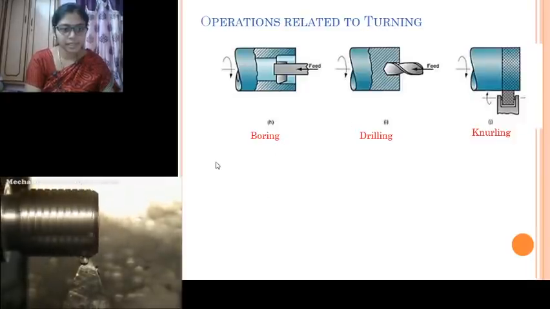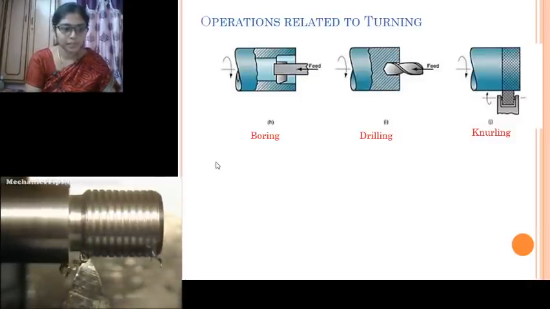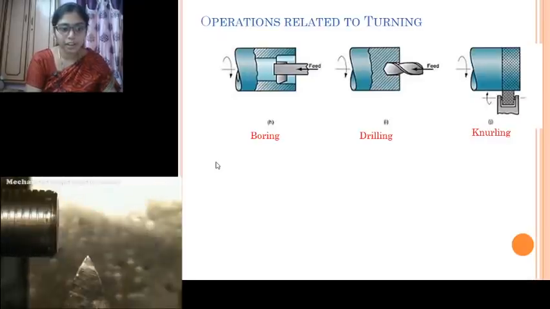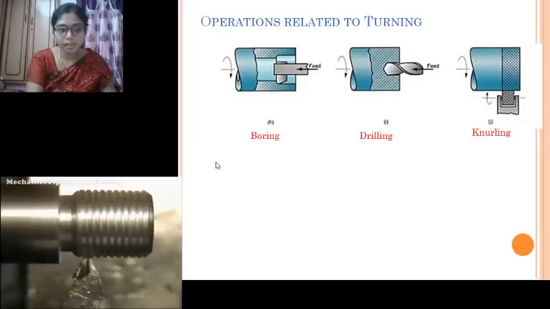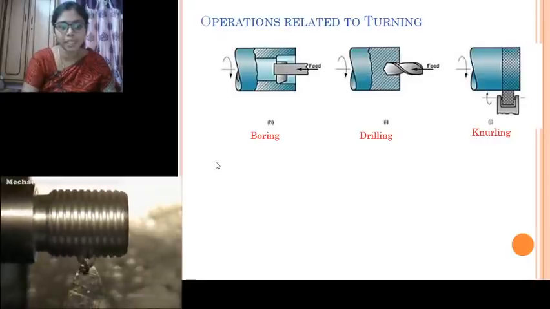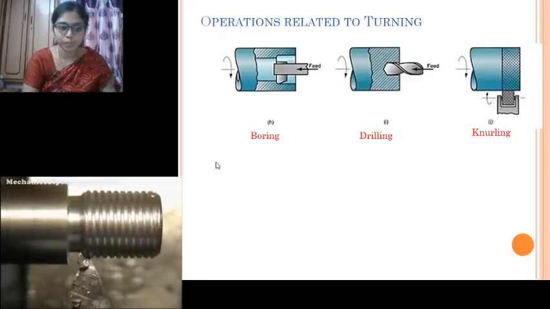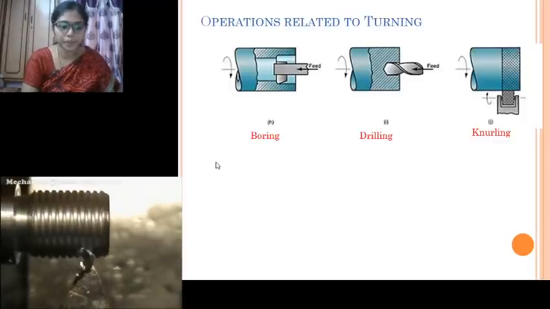So the external threads can be obtained by using this operation. Now here you can see it's a combination of both generating and forming type, where the thread shape is determined by the tool, and the formation of the threads is obtained by the feed motion of the tool. Here in this present operation, the feed is given to the workpiece.